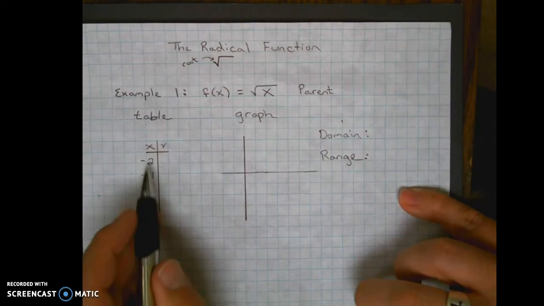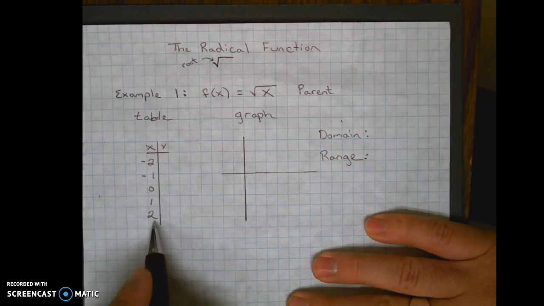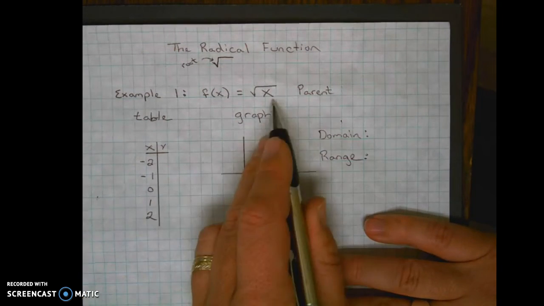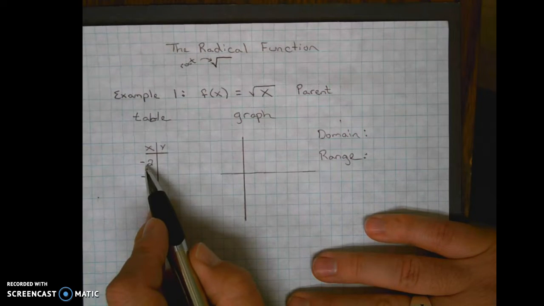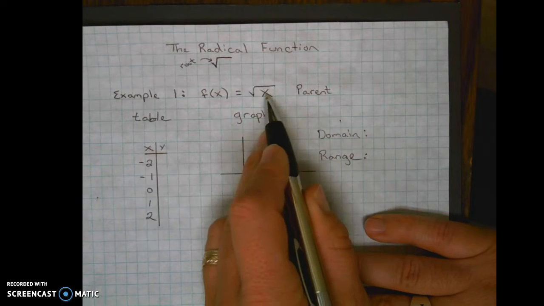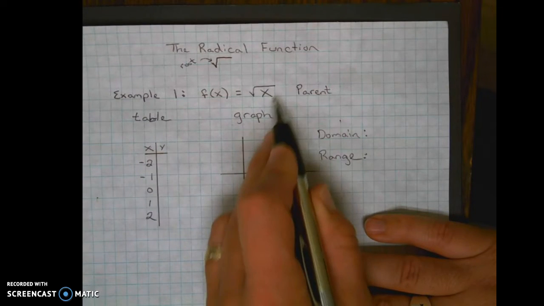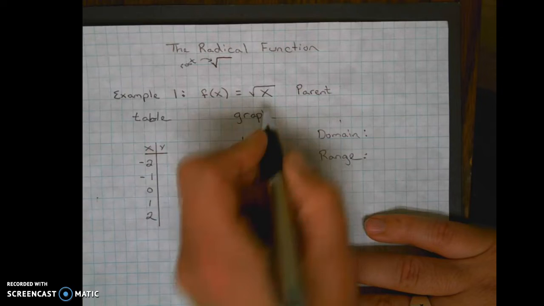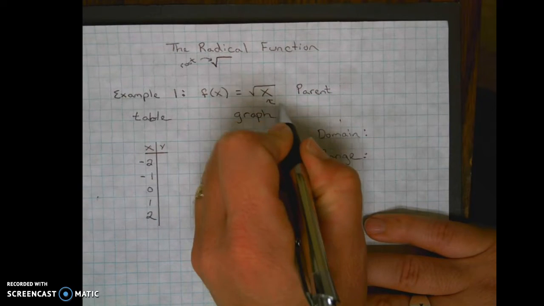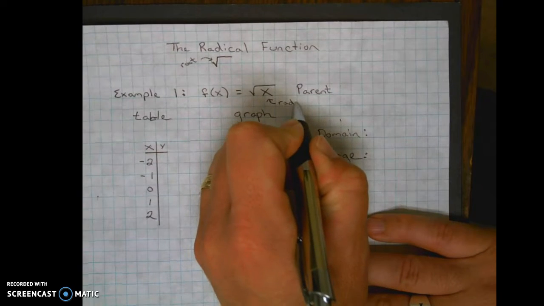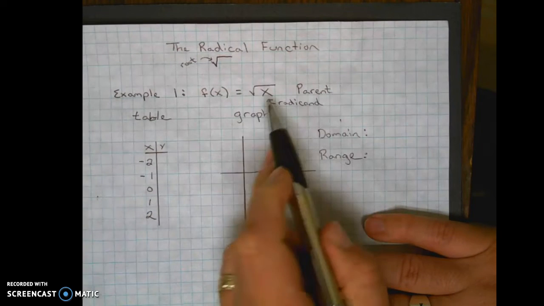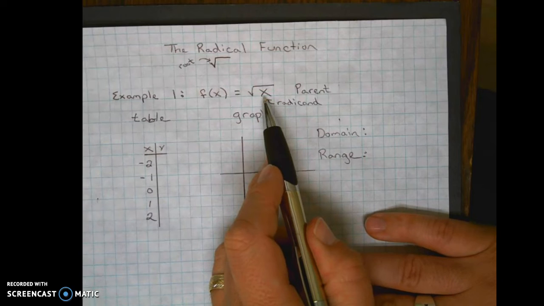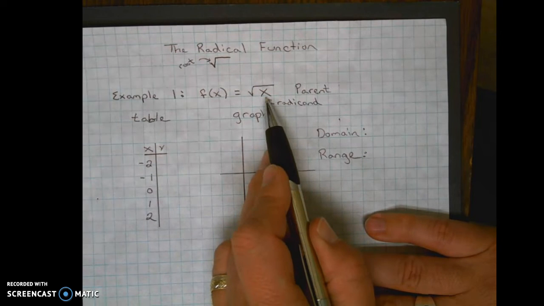Typically we choose these numbers to plug in, but if you plug in a negative number inside the radical, remember this is known as the radicand, you get a non-real solution, which is an imaginary number.